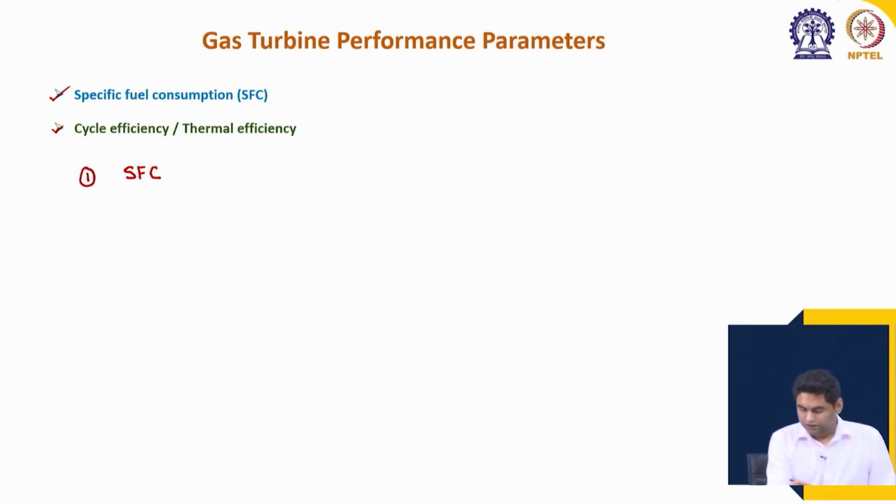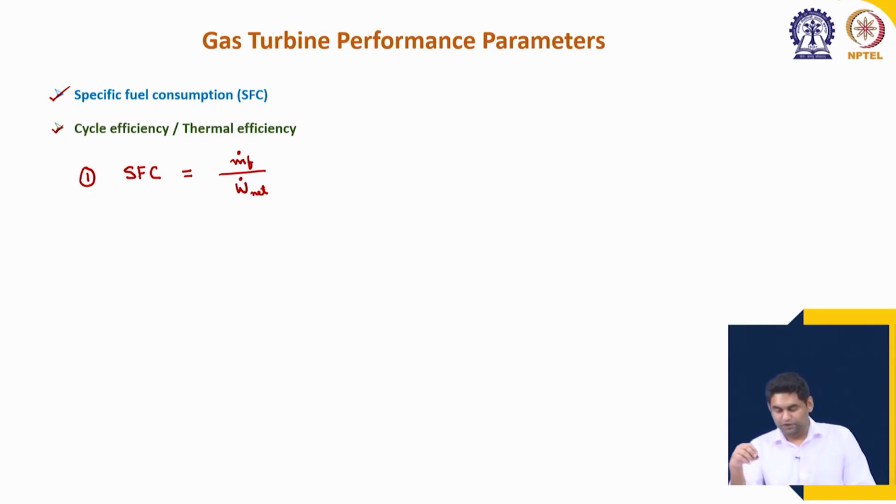This is equal to the amount of fuel that is needed per unit work produced, or in other words this can be written as mass flow rate of fuel by net power output.